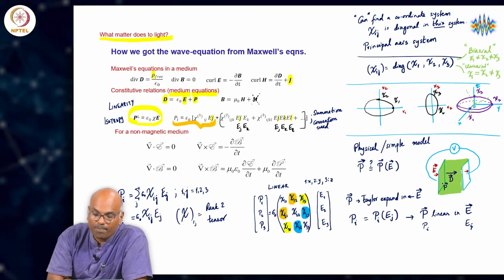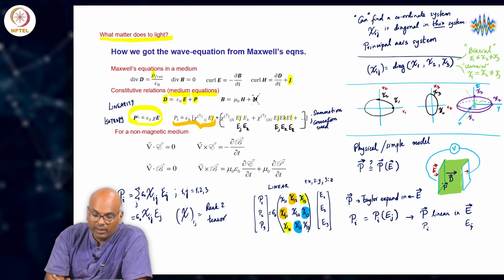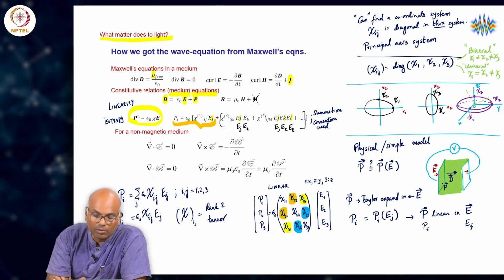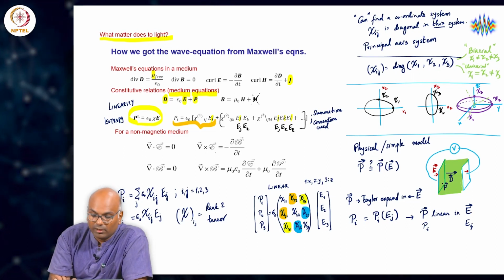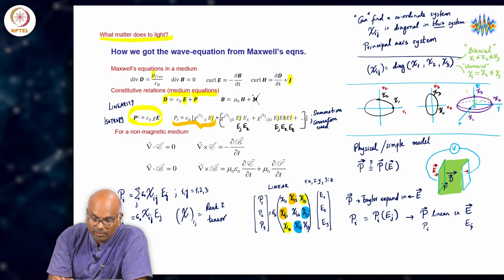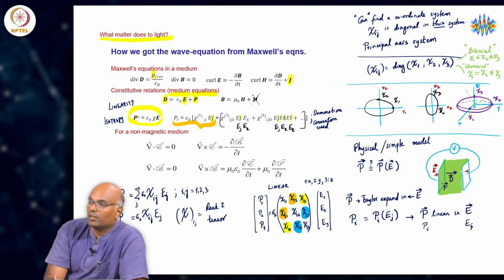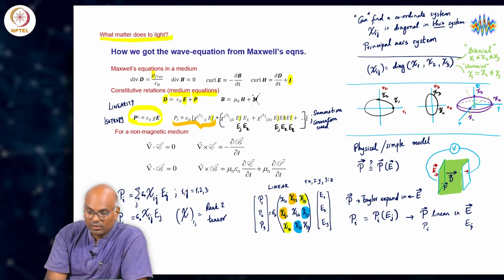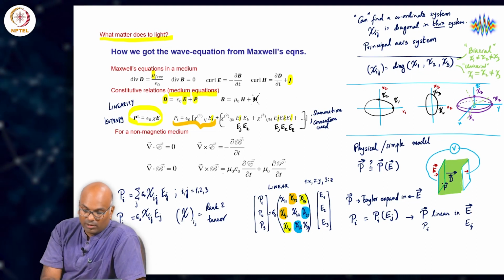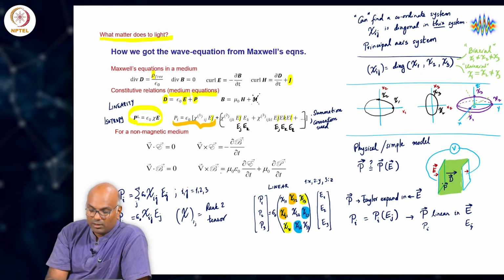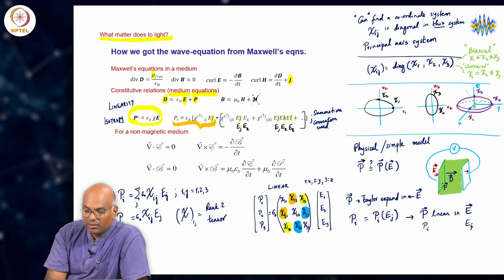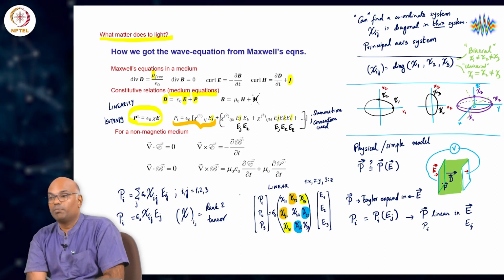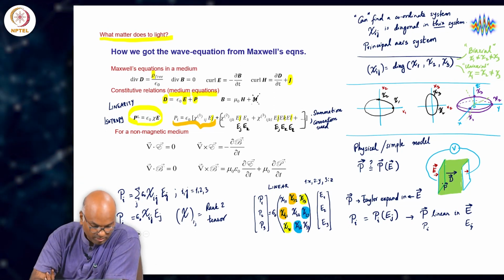Then we can easily write Maxwell's equations down now, so that we have div E is 0, div B is also 0, and curl E is minus dB by dt. The only equation that undergoes any significant change is curl B, which anyway was curl H earlier, is mu naught epsilon naught dE by dt plus mu naught dP by dt, where P is the new actor in this episode.